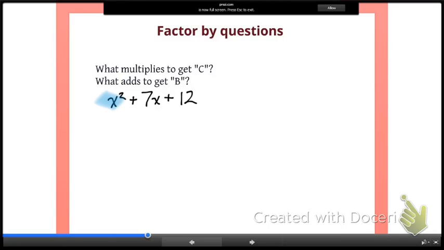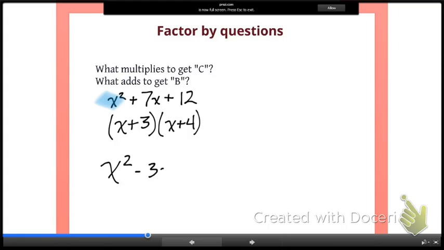And 1 times 12 is 12, but it doesn't add to get 7. So that leaves us with 3 times 4 is 12. And it does add to get 7 because 3 plus 4 is 7. So here we have x plus 3 times x plus 4. And now these are the factors, or the factored answer, of x squared plus 7x plus 12.